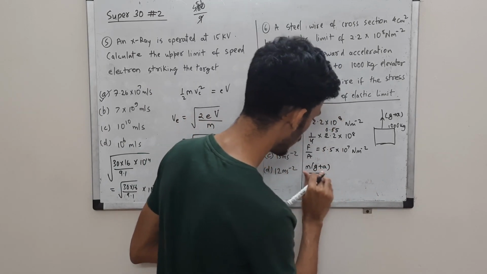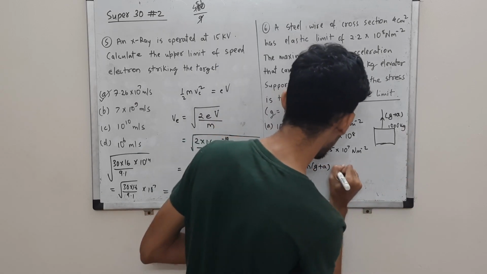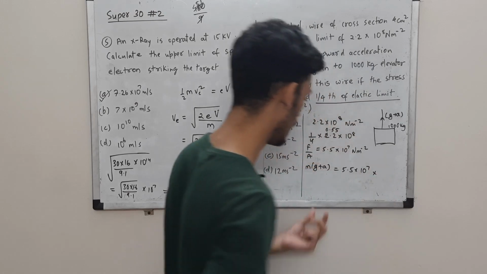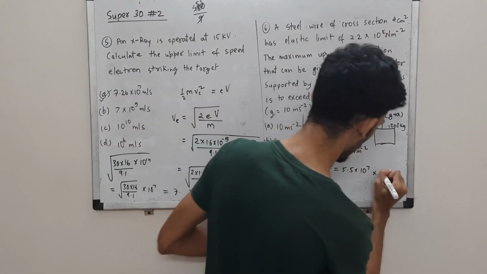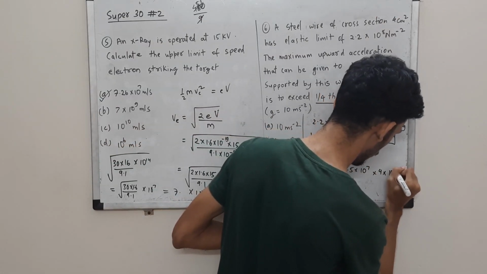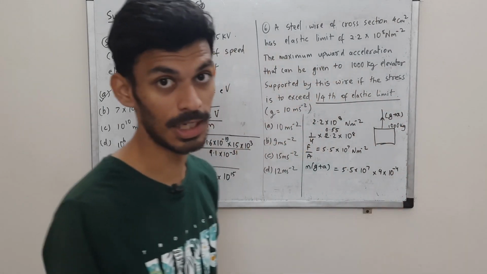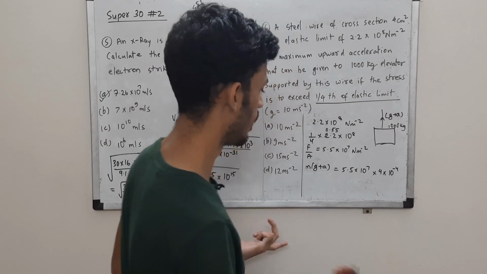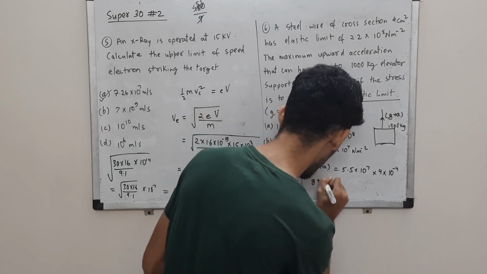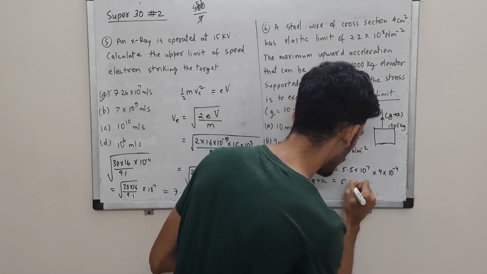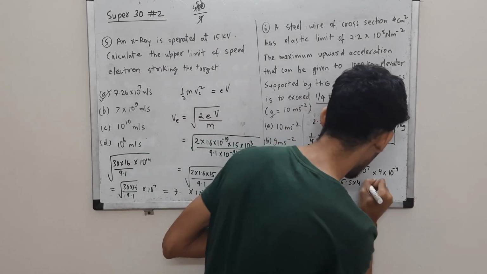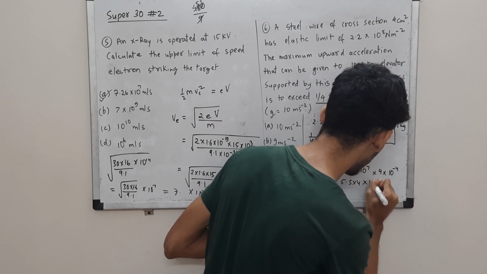And area, so we can directly multiply it to the other side. So 5.5 into 10 to the power 7 into area. Area is 4 centimeters square, so 4 into 10 to the power minus 4 in meters square. We are keeping everything in meters, and this m is 1000. So g plus a is 5.5 into 4, and the 1/4 could have cancelled instead of doing the drama.